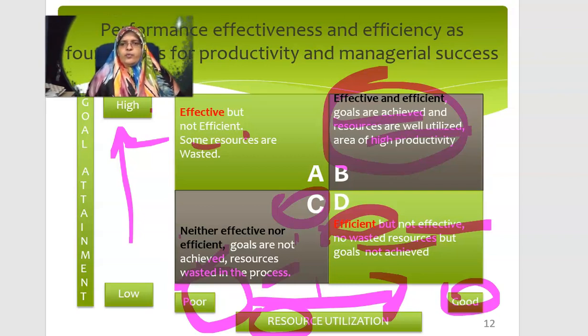So which cluster would you prefer to be in? Of course you want cluster B, right?